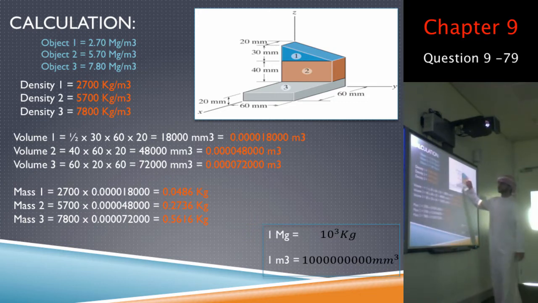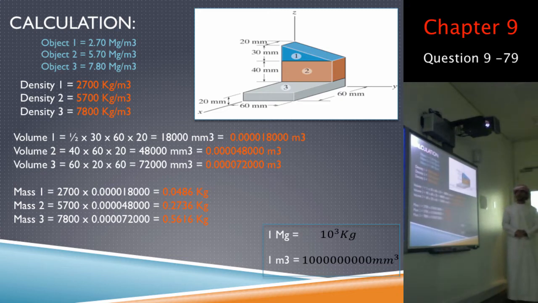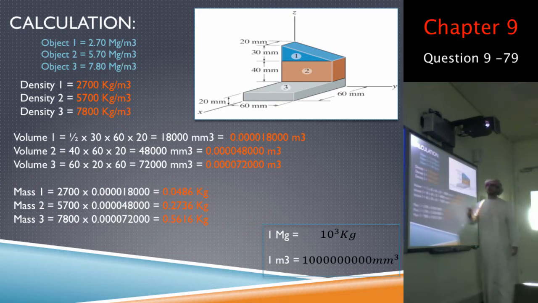For block 1, 2,700 kilograms per meter cubed, for block 2, 5,700 kilograms per meter cubed, and block 3, 7,800 kilograms per meter cubed. If we want the mass and we have the density, we multiply the density by the volume of each block. So we want to calculate the volume of each block.